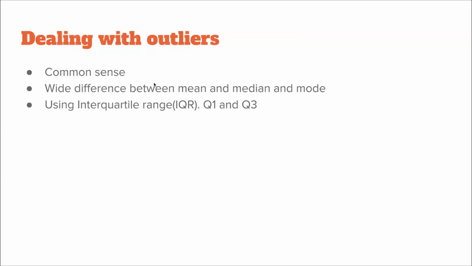So, dealing with outliers. Outliers are one of the most common things that you need to figure out when it comes to data cleaning. In the data that we showed you earlier, one person was earning $160,000 and the majority were earning about $100,000. One thing you can use to deal with outliers is common sense. Common sense could be to remove wherever I see 160,000, or wherever the income is greater than 100,000, I take it away from my data, or I replace it with $99,000.